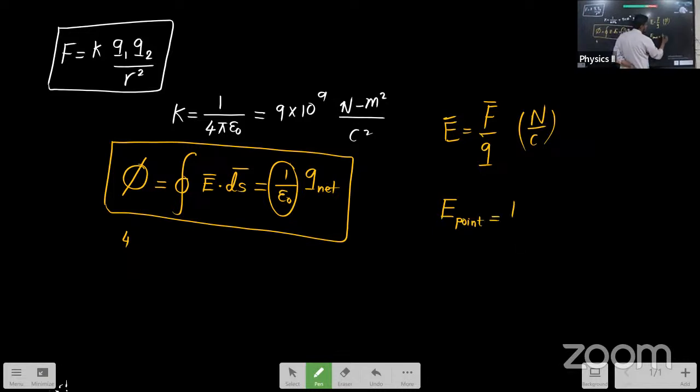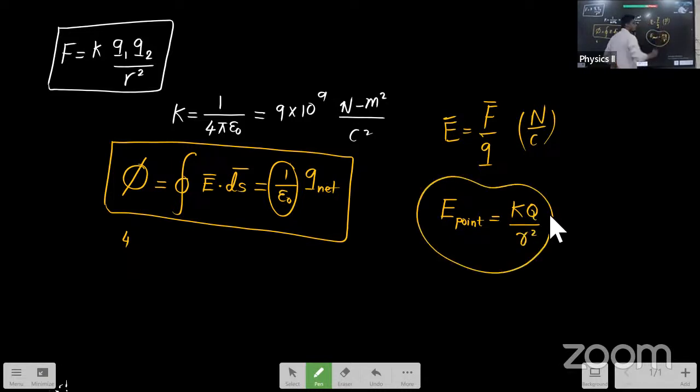What was the formula? KQ divided by r square. So these were the things we discussed in yesterday's class, in which chapter? Electric charges and field. Now let us continue our topic. In today's class, we are going to discuss the remaining questions from electric charges and field.